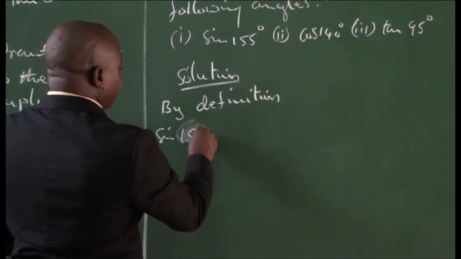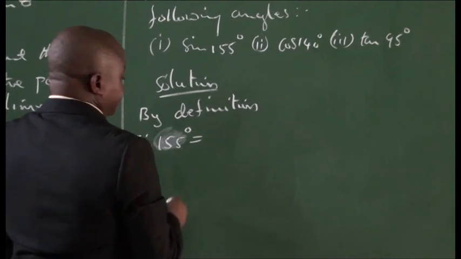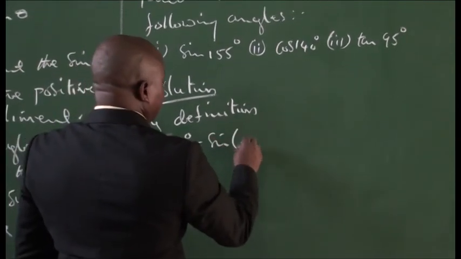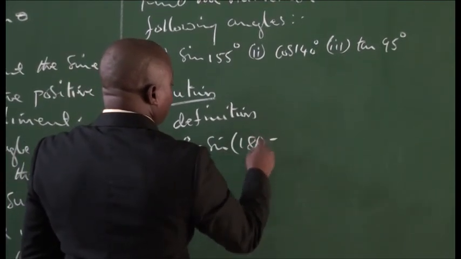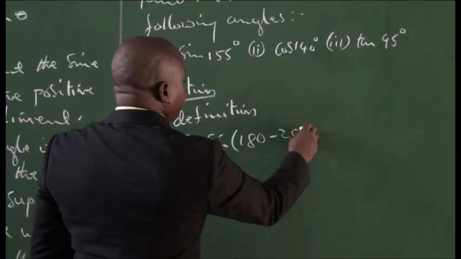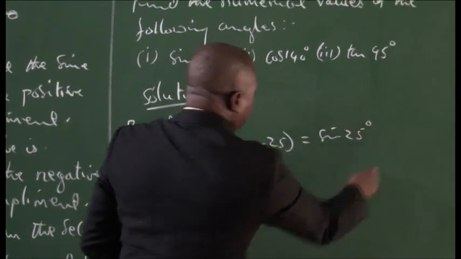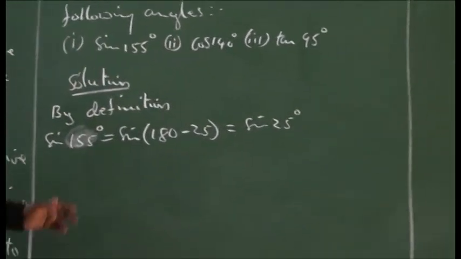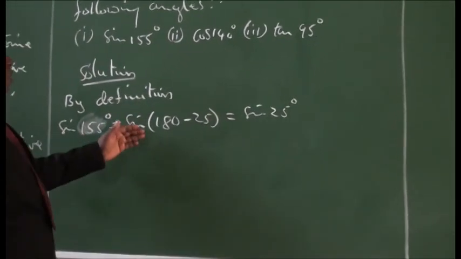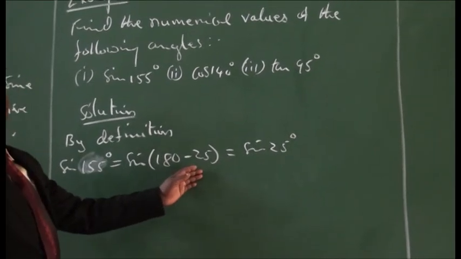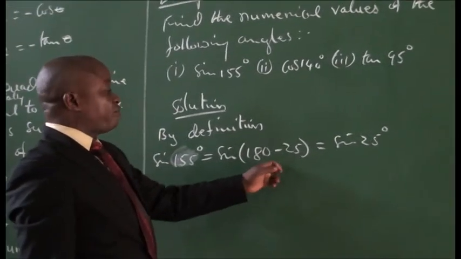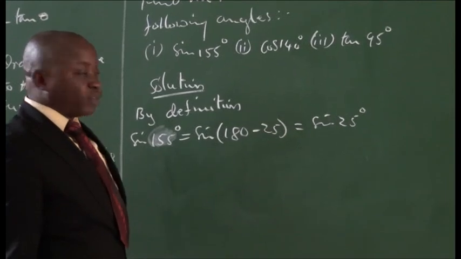Sine 155 degrees is the same as sine 180 minus 25, which is equal to sine 25 degrees. Of course, 180 minus 25 will give you sine 25.